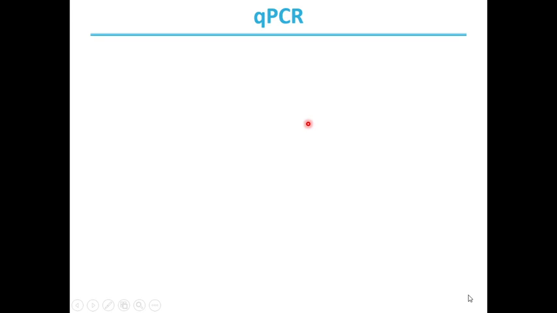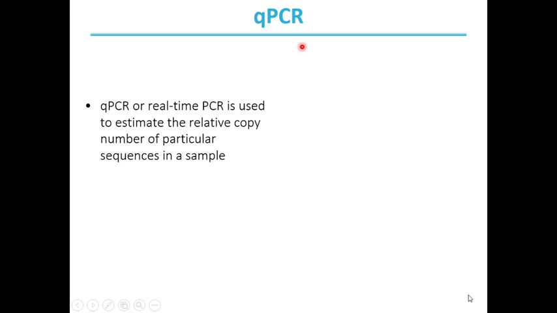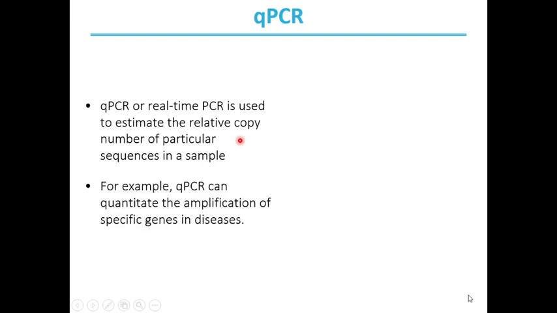Another adaptation of PCR is called qPCR, or quantitative PCR. qPCR, or real-time PCR, is used to estimate the relative copy number of particular sequences in a sample. For example, qPCR can quantitate the amplification of specific genes in diseases like cancers. How is qPCR performed?